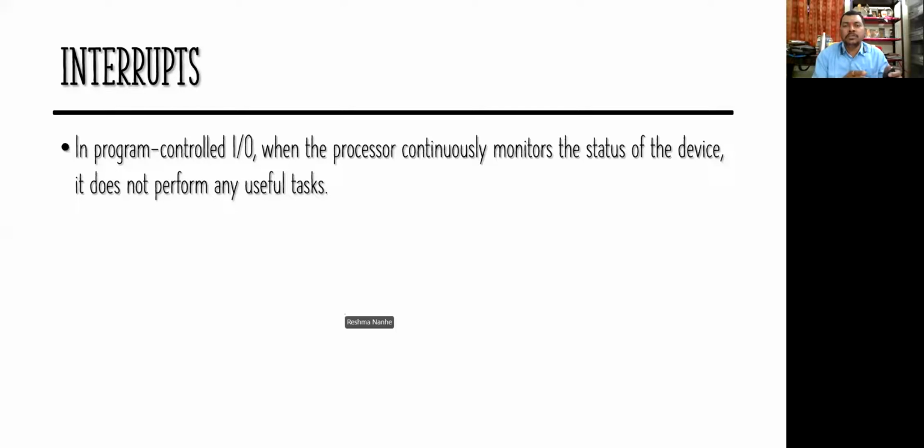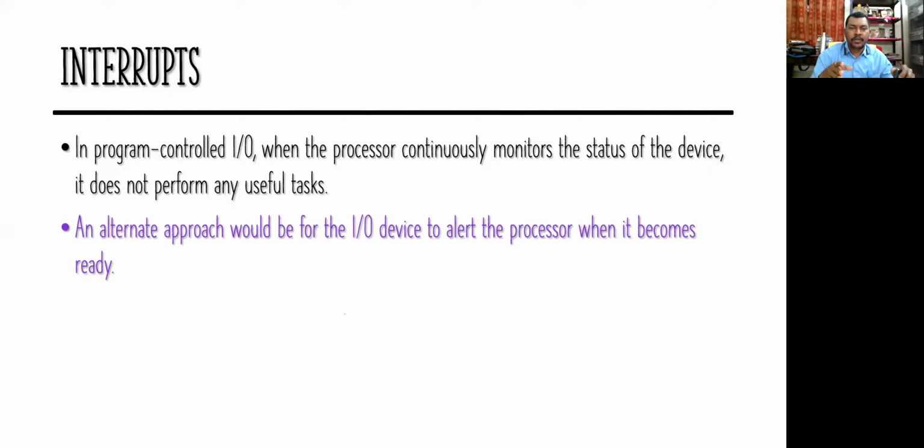The same is the situation for the processor. If the processor goes on checking those input output devices, it won't do anything else. It will just go on checking. Because of that only, the facility of interrupts has come into play.